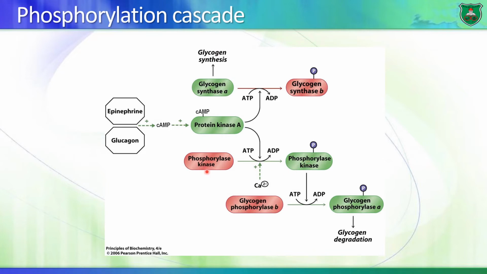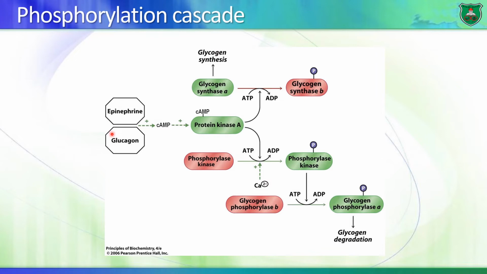Now remember, the name is basically a kinase that phosphorylates the phosphorylase. So the phosphorylase kinase phosphorylates glycogen phosphorylase. Now, again, you have inactivation of glycogen synthesis. These are the hunger hormones. Whenever we need energy, there's no need to synthesize or to enlarge glycogen.